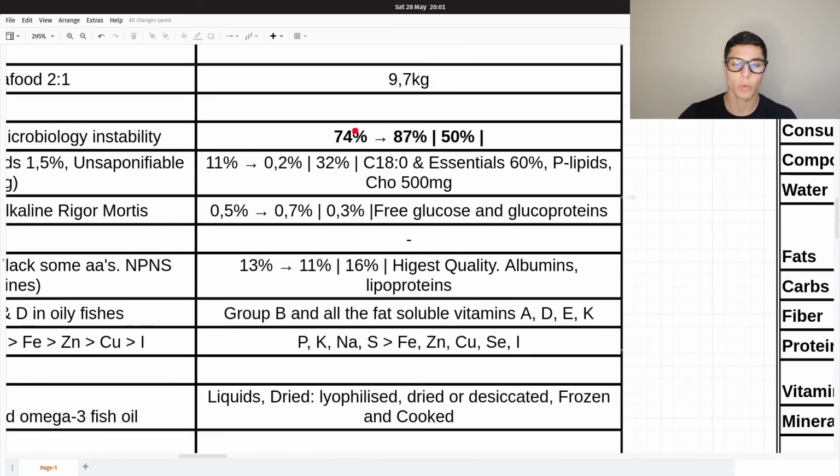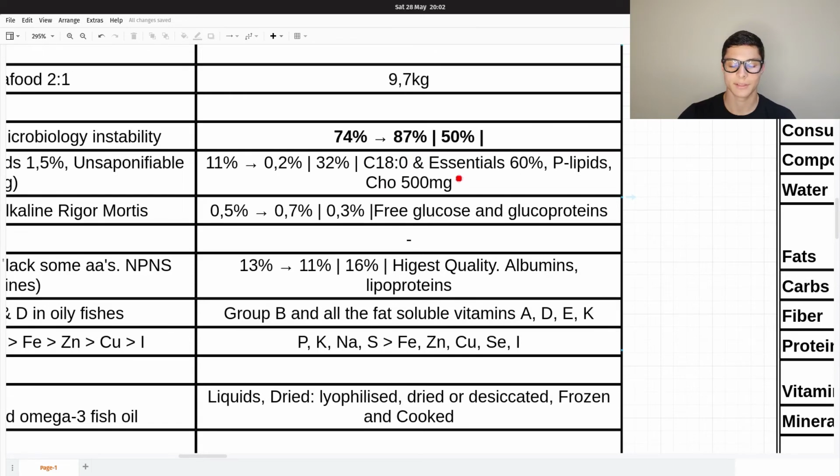Water content of the whole egg we have 74%. In the egg white we have 87% and in the egg yolk is only 50%. The fats of the whole egg 11%, in the egg white 0.2 and in the egg yolk 32%.